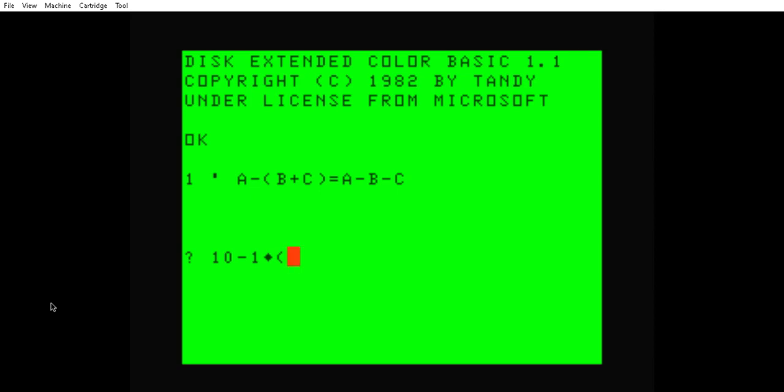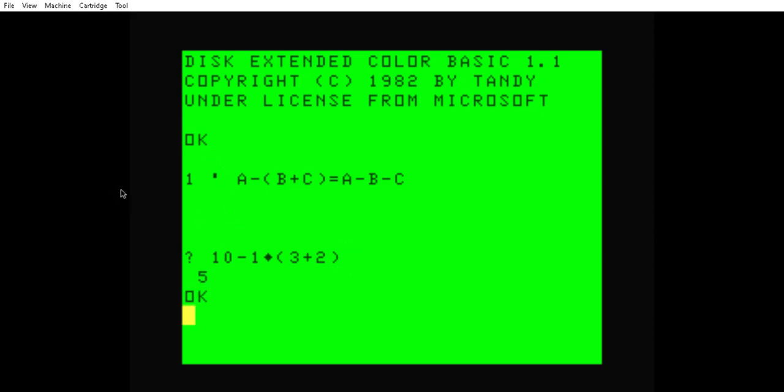We're just going to do 3 plus 2, okay? So when I press enter, it should give us a value of 5, because we have 5 in parentheses. Let's just hit enter.